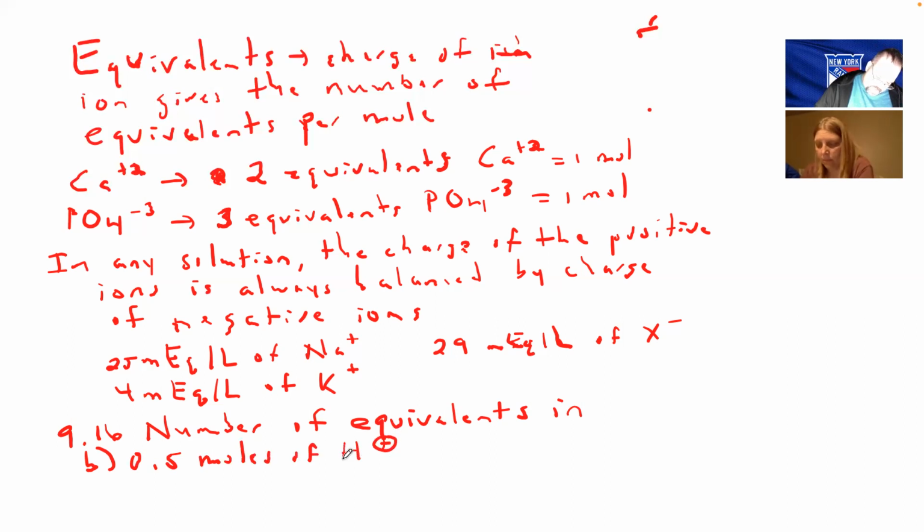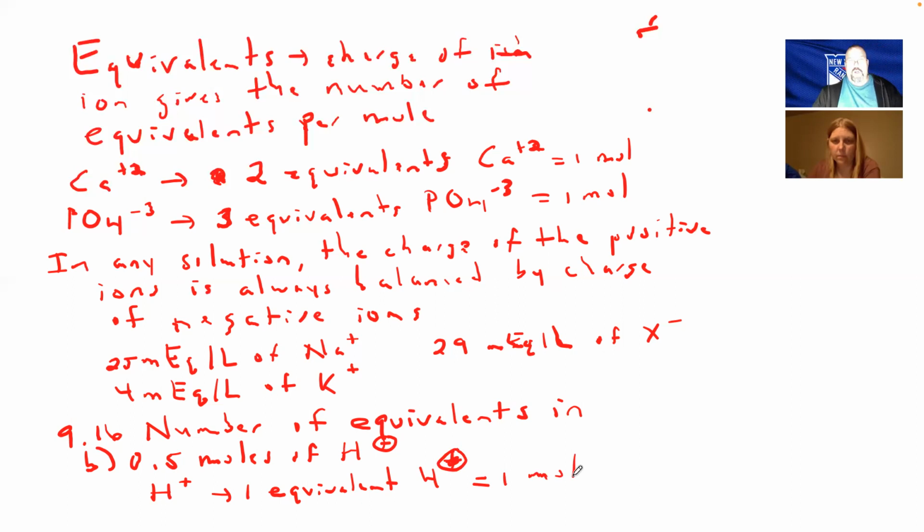If we look at H plus itself, what we find for an equality based on the charge of +1 is that there's one equivalent of H plus per mole. So essentially one equivalent of H plus would be equal to 1 mole. And that's based on the charge of +1. So now we can use that as a conversion factor.